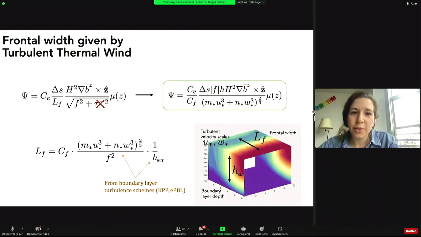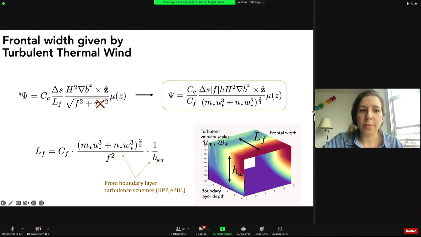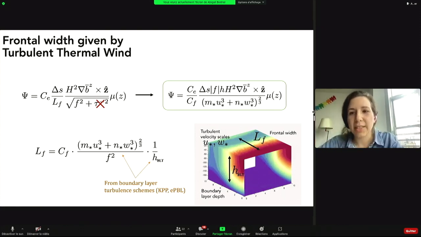So I don't have any intuition specifically for saying a sharper LF leads to a stronger stream function, because as I mentioned, the Coriolis parameter also gets eliminated. So it's this new formulation as a whole. I think that's more intuitive. So I would say that when we have smaller boundary layer turbulence and a larger forcing, you would get a certain effect, and the same would be vice versa.